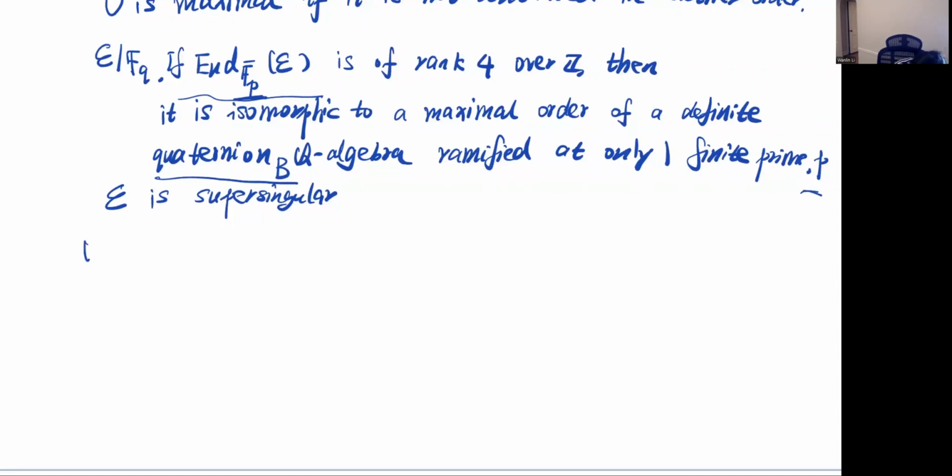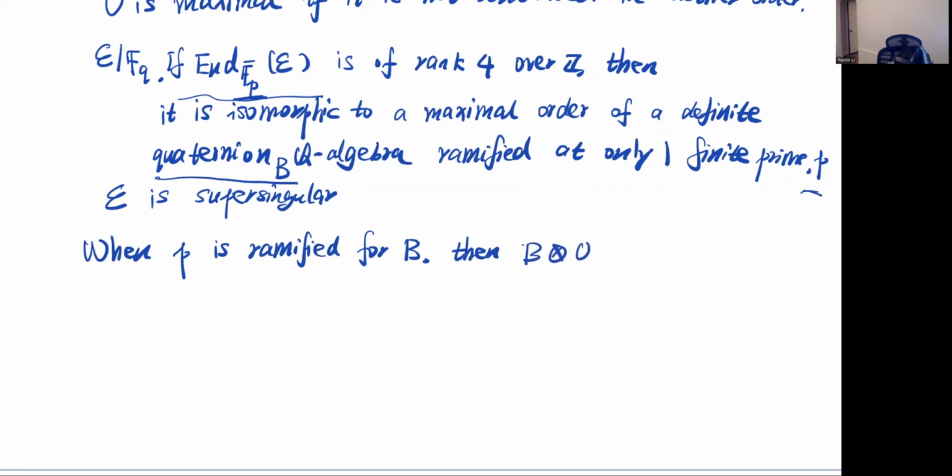When p is ramified for B, then as we already discussed, the algebra B tensor Q_p is still a division algebra. So as a division algebra, it has a unique maximal order. And this maximal order actually comes from the valuation.